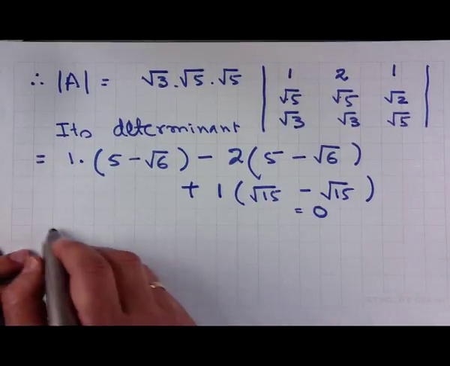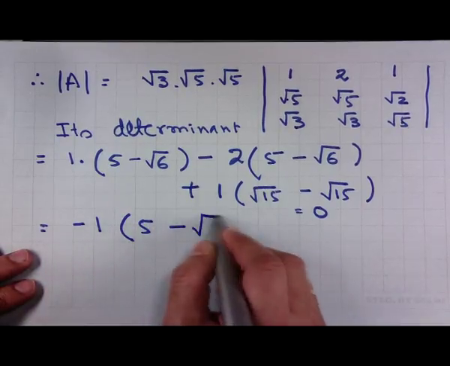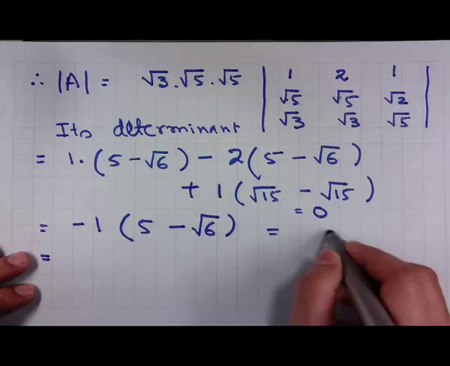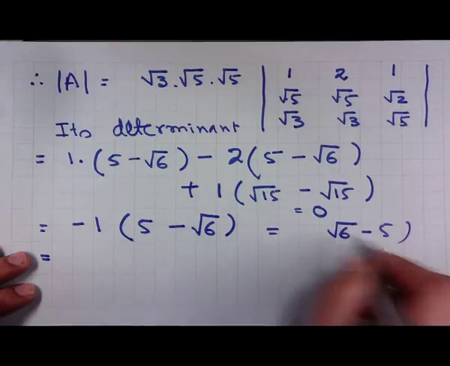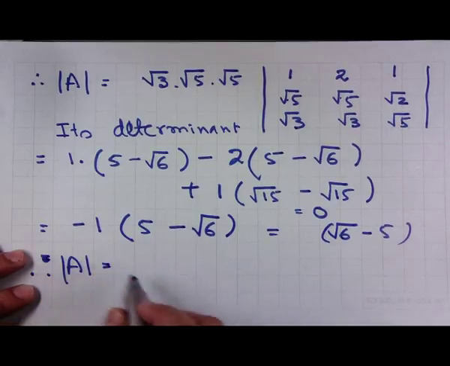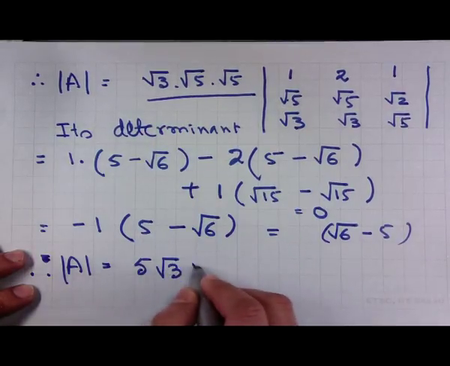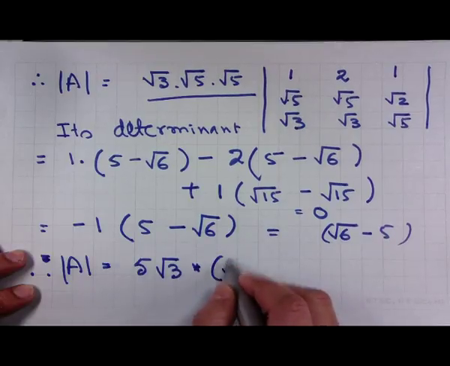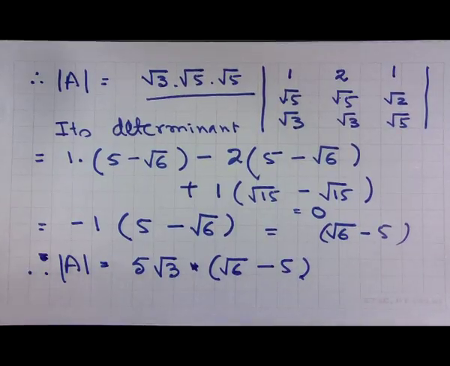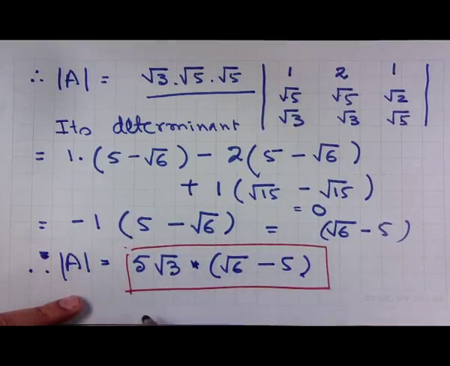So, we are left with minus 1 into 5 minus root 6, which is equal to root 6 minus 5. Therefore, determinant of A is equal to 5 root 3 into root 6 minus 5. So, this is the answer of the overall determinant.